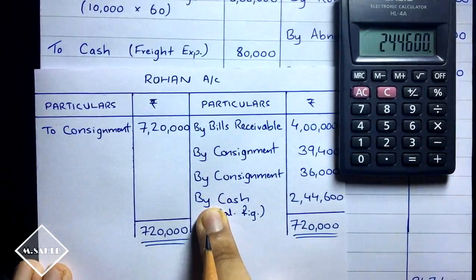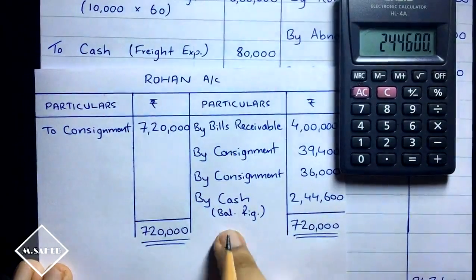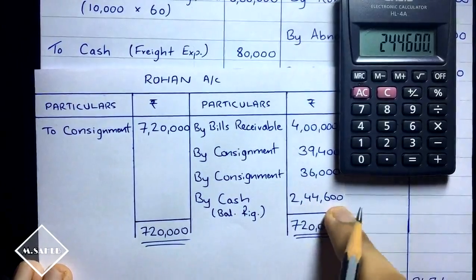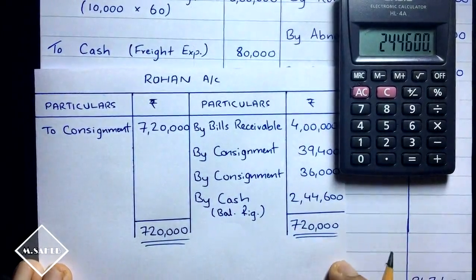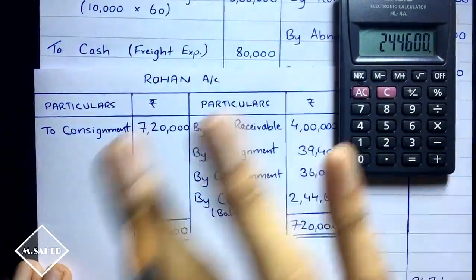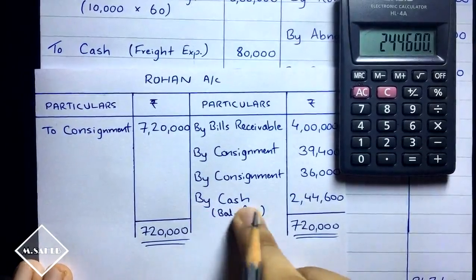You have to take that as "By cash" account, because this is the final remittance that the consignor has to receive from Rohan. So this is "By cash" 2,44,600, simple. This is how you prepare the consignee account. You just have to do the cross posting, and at last do the balancing figure and take it as "By cash", that's it.